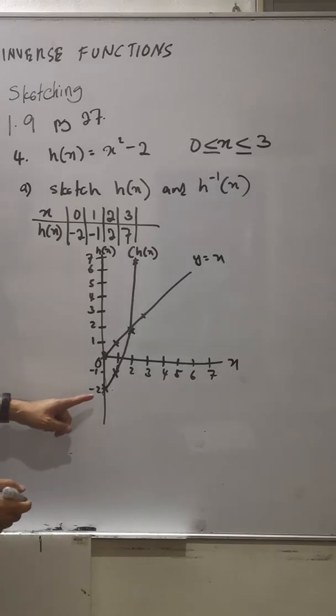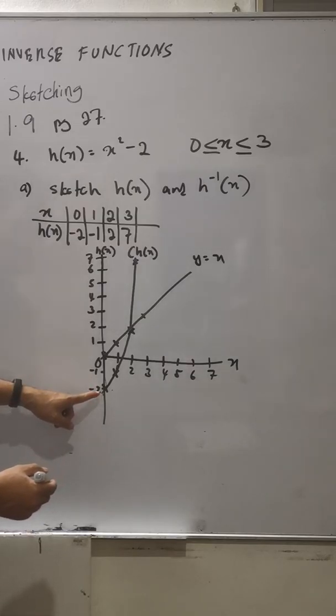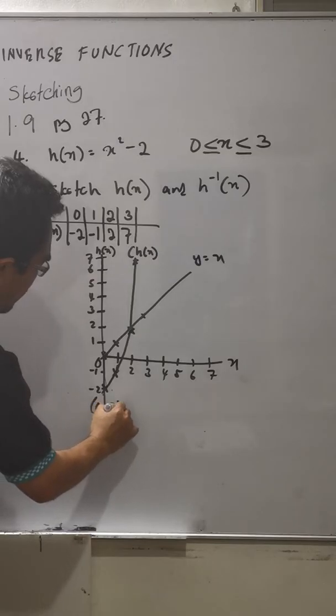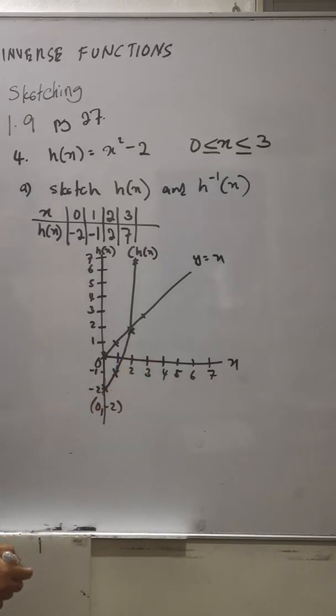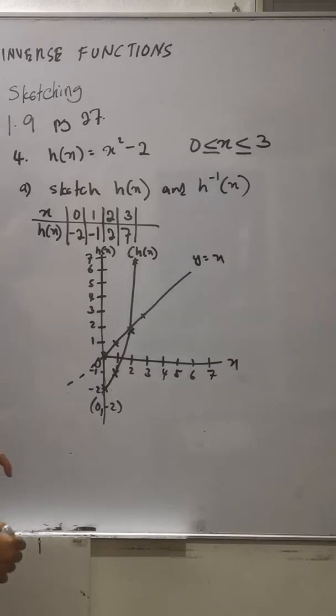And then in order to know the coordinates, it is easy. This coordinate will be (0, -2). So the inverse of this one will be on top here, will be (-2, 0).